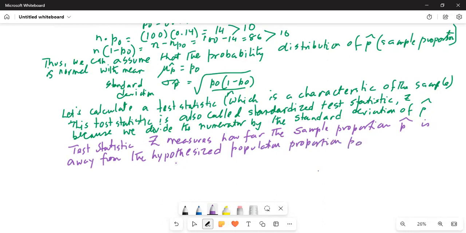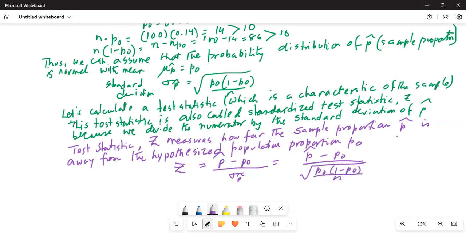So we have Z test statistic. Test statistic Z is equal to P hat minus P0 divided by sigma P hat, or equal to P hat minus P0 divided by square root of P0 times 1 minus P0 over N.